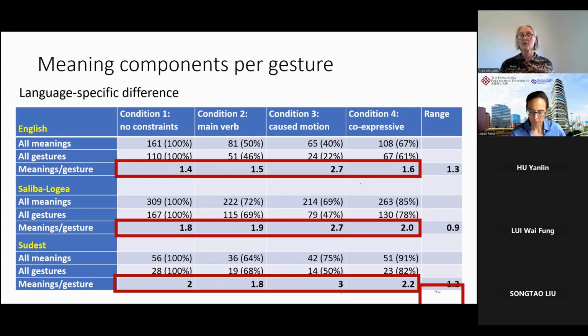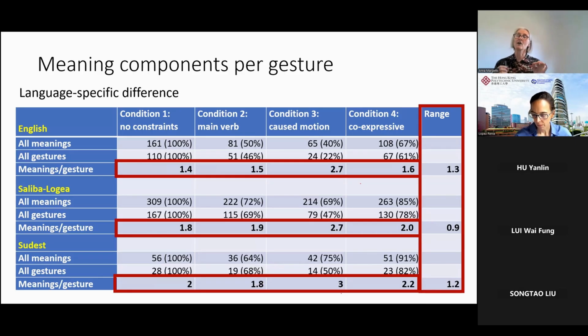And we also found that English has a higher range, so the range is the comparison between the lowest ratio in condition 1 and the highest ratio under condition 3. The range here in English is 1.3 compared to Saliba, which is somewhat lower, which means the English data, in terms of how many meaning components we have per gesture, is more sensitive to condition choice, so shows a greater variability, reacts more to condition choice than the Oceanic languages.